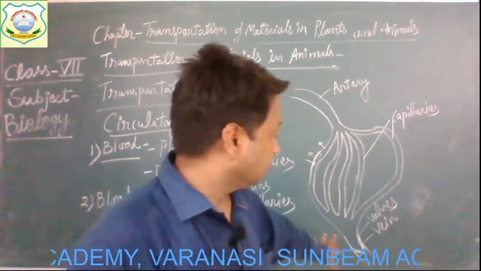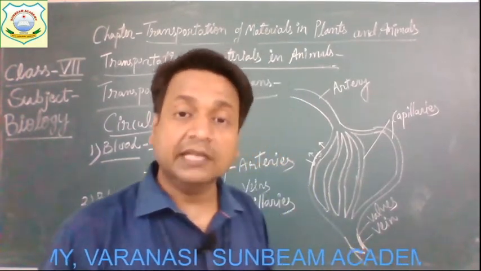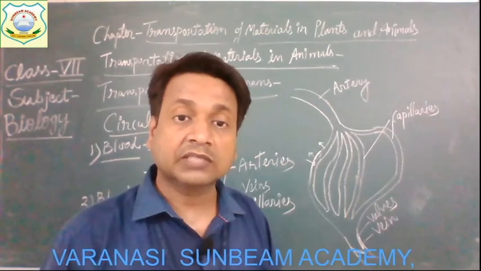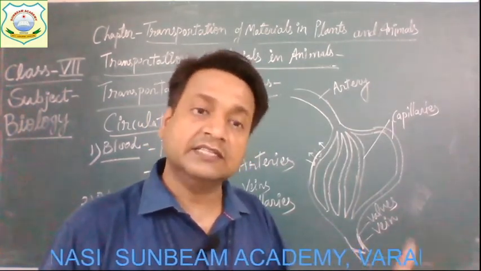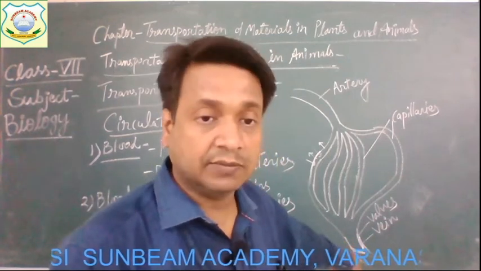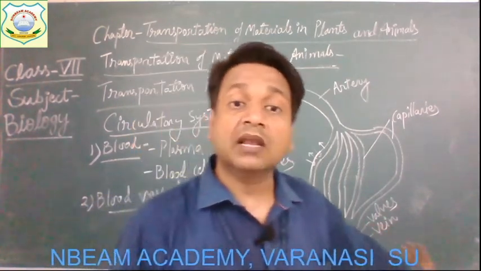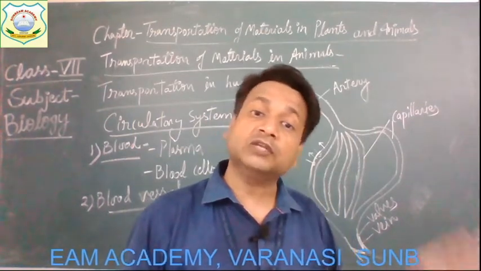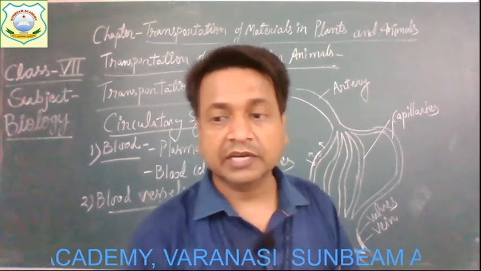As the veins carry deoxygenated blood or carbon dioxide rich blood, they need to stop the backflow, and this is why the veins have valves. So they have the valves which allow the blood to flow only towards the heart, not back from the heart. Okay children, got it?